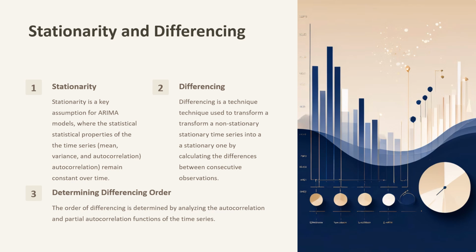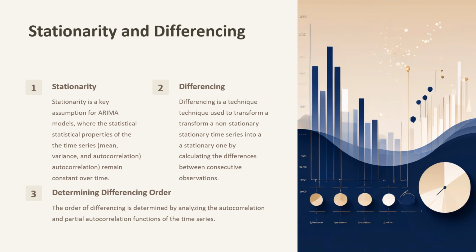Number one, stationarity. Stationarity is a key assumption for ARIMA models where the statistical properties of the time series, in bracket mean, variance, and autocorrelation, remain constant over time. Number two, differencing.